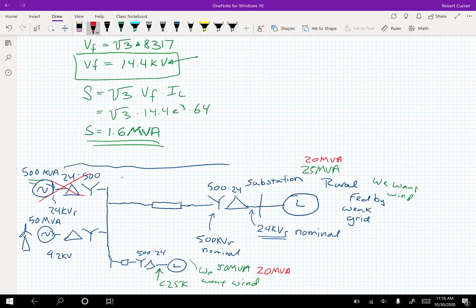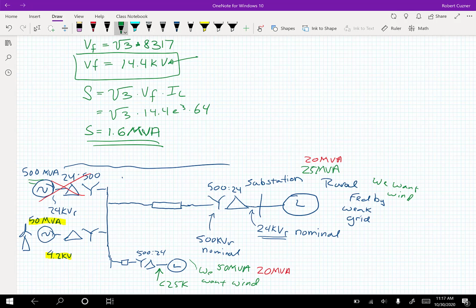So here's another way to look at a problem. I just want you to think about this, and maybe you can make up your own homework problem this way. 50 MVA is all of that power being supplied. All of the 4.2 kV is being supplied from the source side.